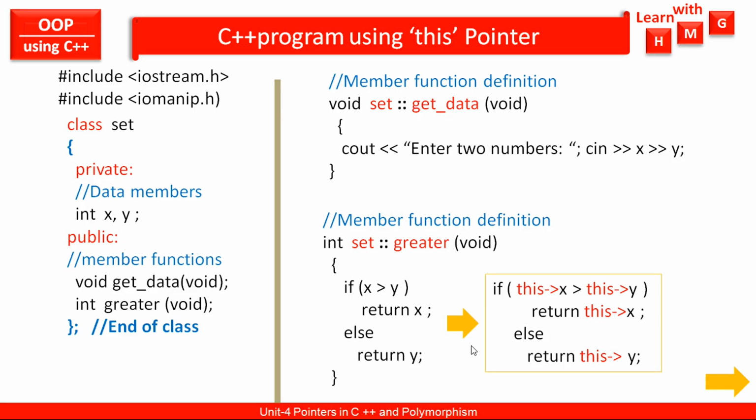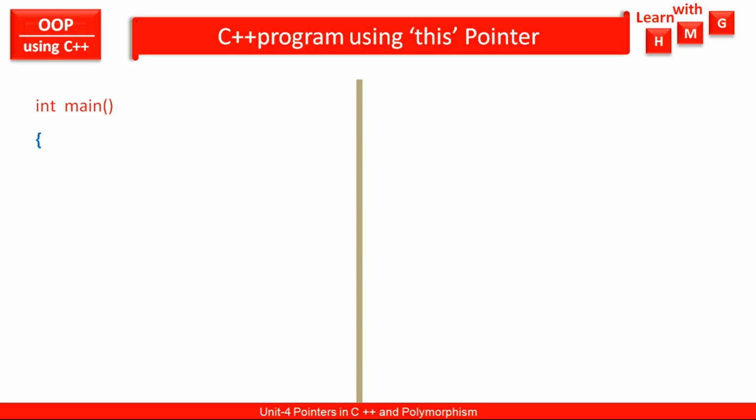Instead of writing the direct names of data members x and y, you should write this arrow data member. In this way, this normal member function definition is replaced with another member function definition using this pointer.